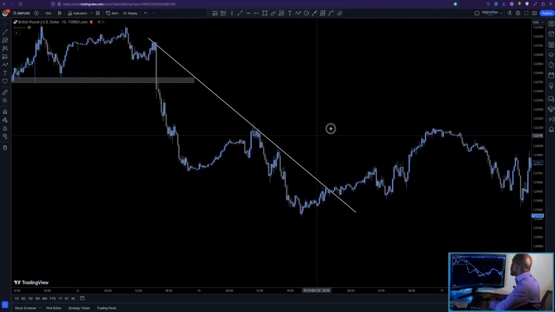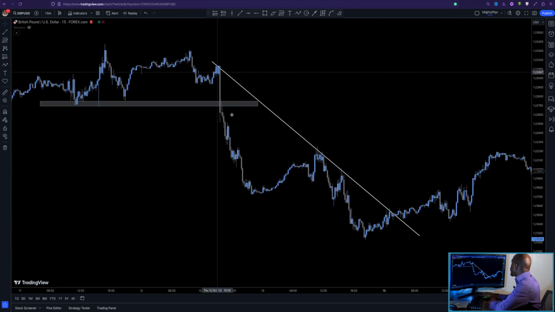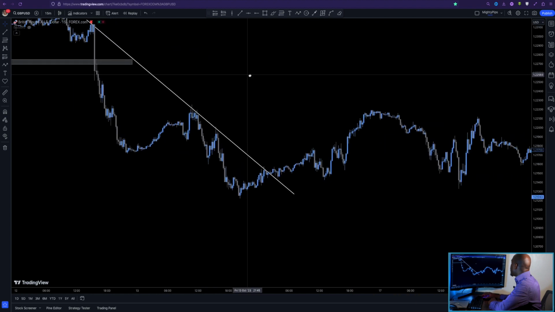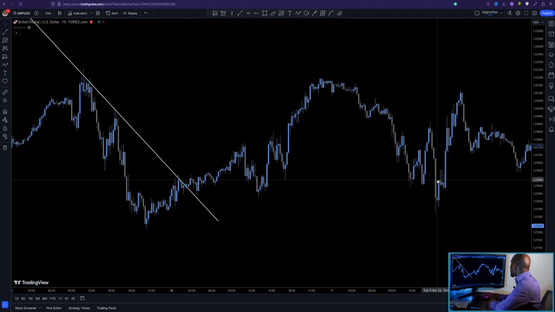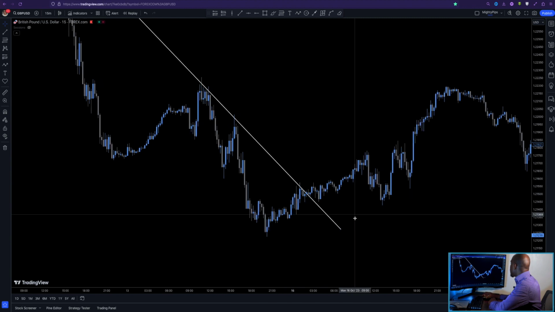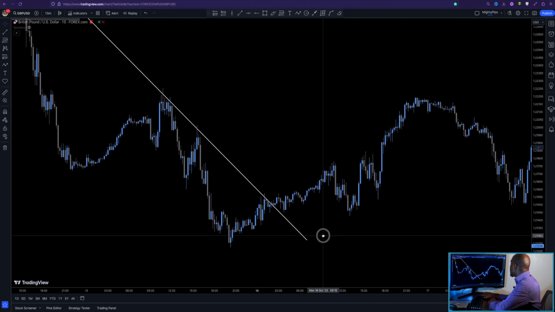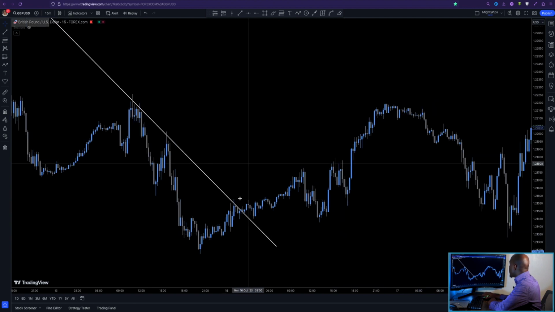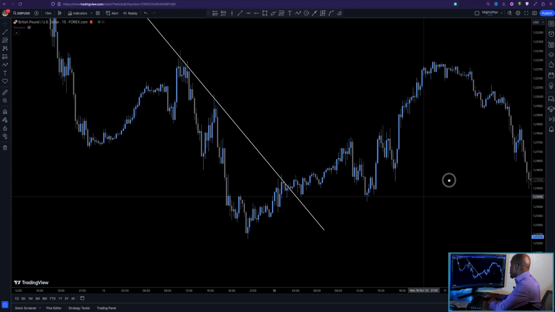So here we've joined on the 1 hour chart, we joined this and that. So what you're waiting for now is market to break above this trend line for you to start getting trades. So when market breaks above here, you don't immediately take a trade, okay?